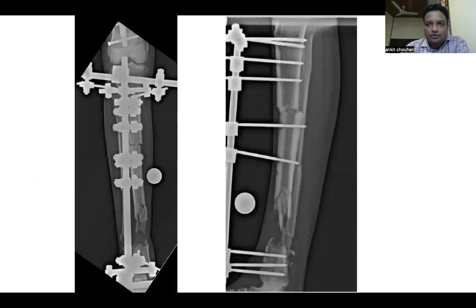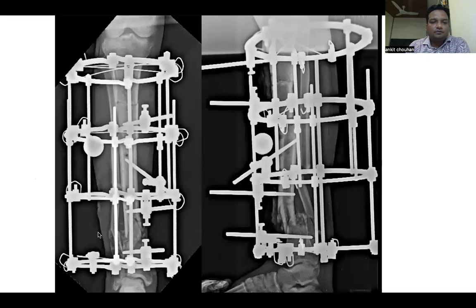But acute docking also can lead to some complications. This was an open fracture of tibia with bone loss in the distal metaphyseal diaphyseal region, and the gap was around 3 centimeters. So the primary surgery was acute docking at the distal site and fixation with Ilizarov frame and proximal osteotomy.